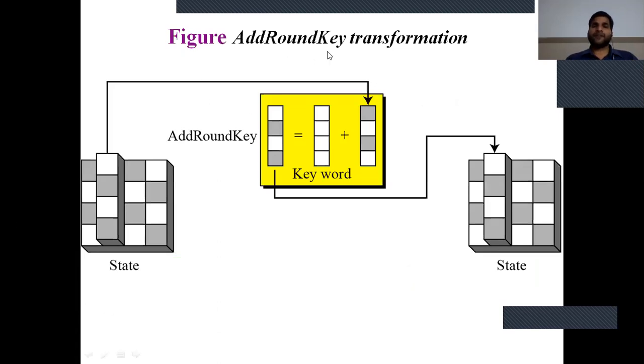Now the figure of the add round key transformation. If the state array is like that, we use the add round key with the keyword and then find the value stored in the other state.